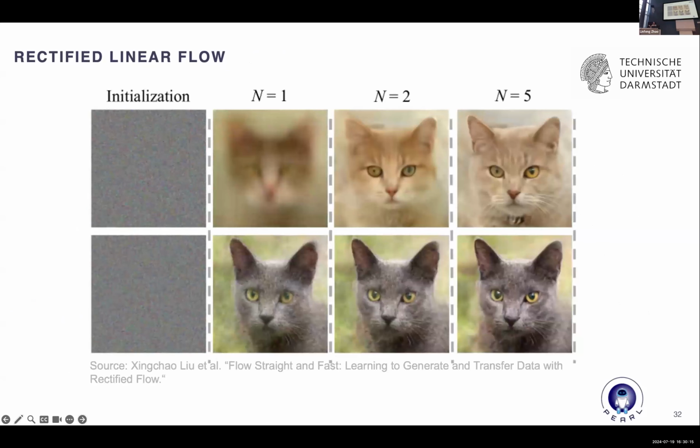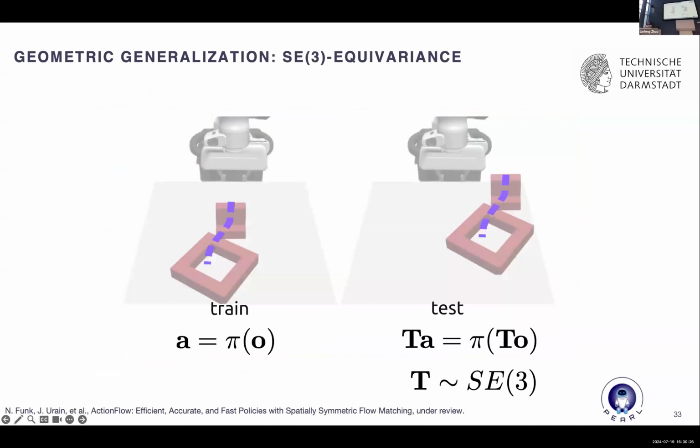And as I said, it yields much better performance. In particular, we use the rectified linear flow approach, which at the time we were doing this work was the state of the art. So we have fast policy inference thanks to flow matching.